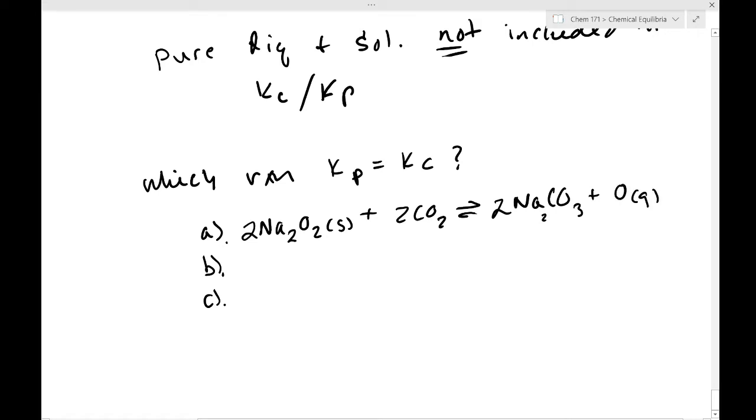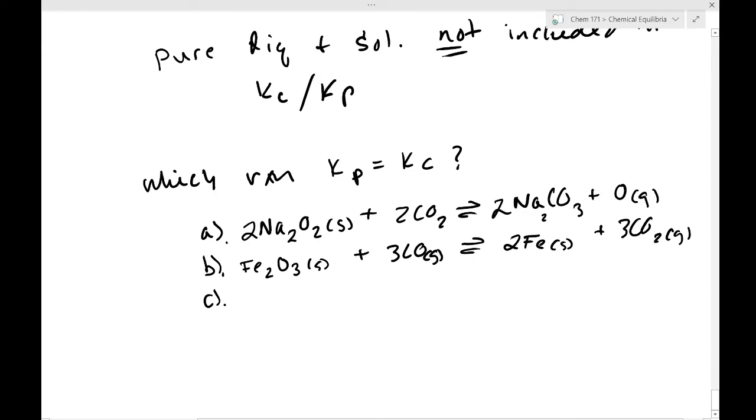The next is iron oxide reacting with carbon monoxide to form iron, solid iron, and carbon dioxide.